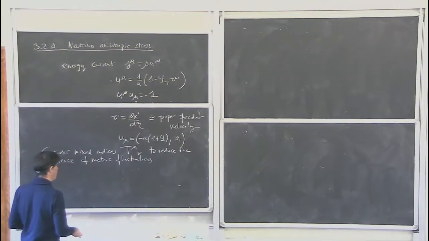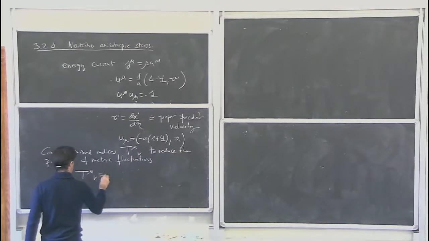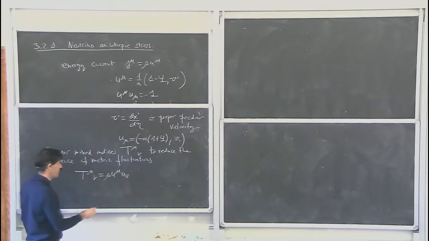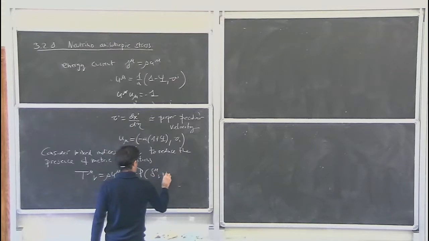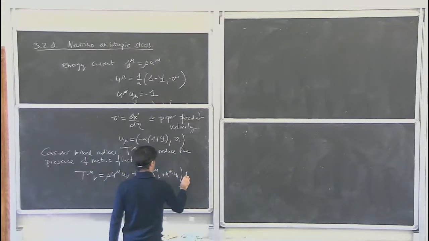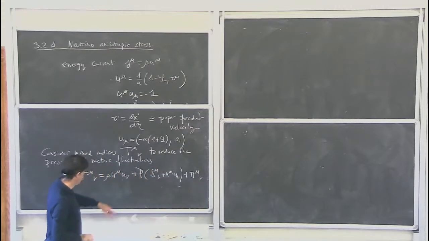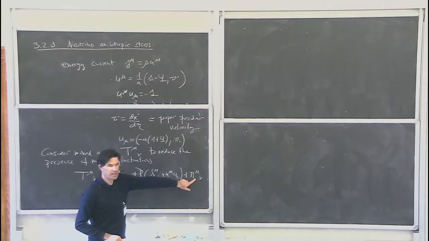Okay, so what you need to do is start from what we wrote, done in the most general possible way, where, remember, this is the isotropic part of the stress, and this is the anisotropic stress.